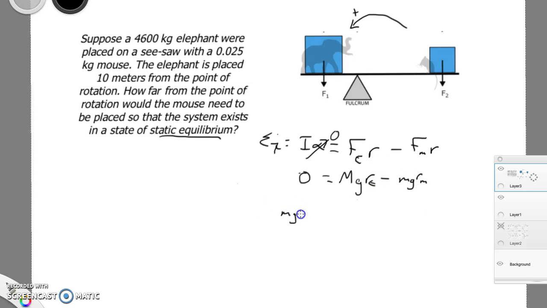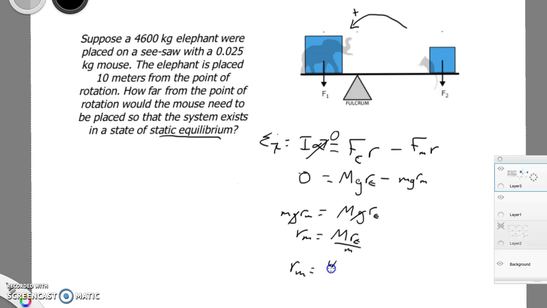Little mg r equals big Mg r. Okay, and g will cancel out. We divide over little m, and the radius of the mouse would be equal to big M times r sub e over little m. Okay, go ahead and punch it in, and let's see what we get.